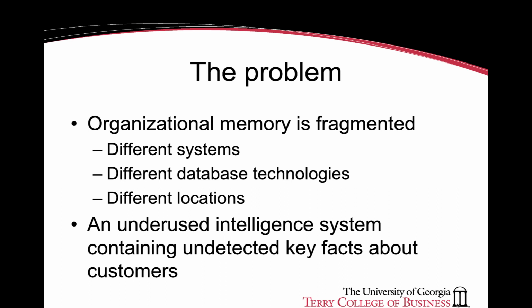Consequently, a system that is fragmented and subsequently underused contains key facts about customers that might help an organization make better decisions and plan for the future, but that information, that intelligence, is never really utilized.